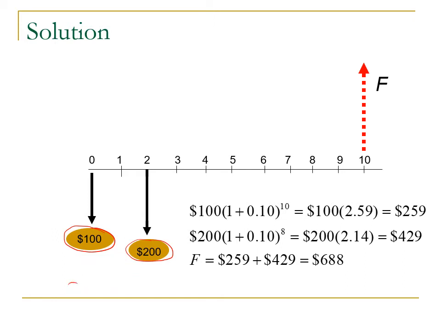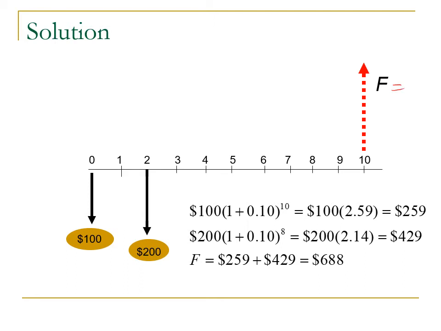You cannot just simply add them. They are different things now. They are apples and oranges. Any amount of money, any transaction that occurs at different times on the time axis cannot be directly summed up. You need to first bring them to the same time spot, and then you can add.